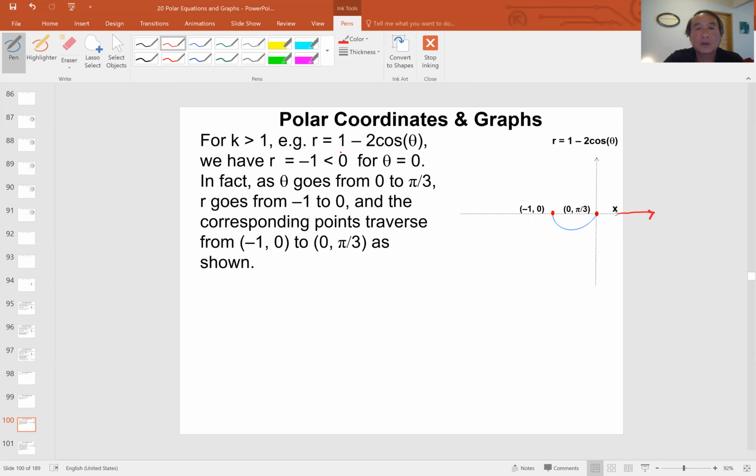If I put an absolute value around it, then r is always positive, and then I will get this one. But now, because everything's negative, every point is reflected across. So I get that stretch for angles from 0 to pi/3. I'd like to check that.